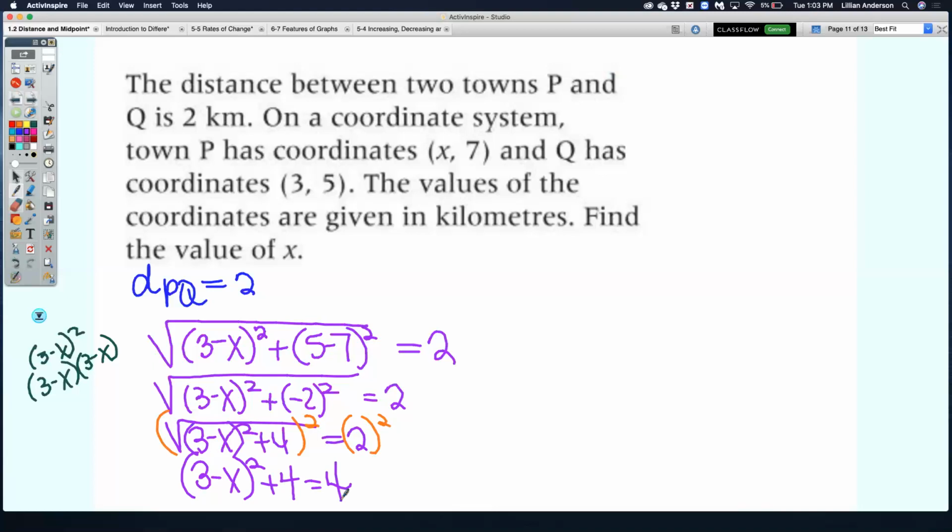You wouldn't square the 4. No, because since it was underneath the square root, that squaring only got rid of the square root. Oh, okay. What can I do from here? Minus 4. I can subtract 4, so that'll give me 3 minus x squared equals 0, because 4 minus 4 is 0.